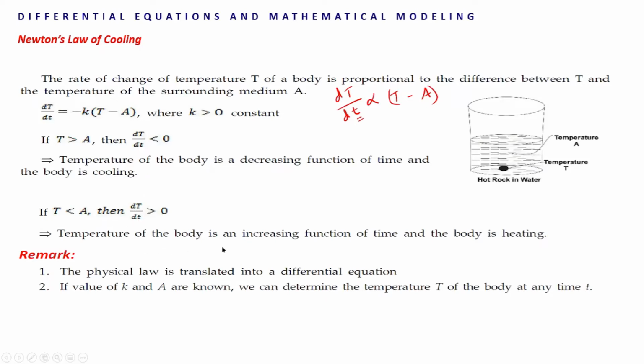It means the temperature of the body is an increasing function of time and the body is heating. So here we can see that the physical law, Newton's law of cooling, is translated into a differential equation, and if we know the values of k and A, we can determine the temperature T of the body at any time t.